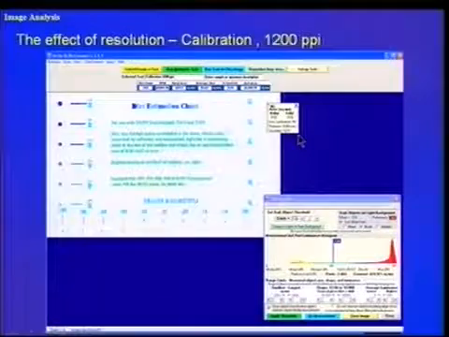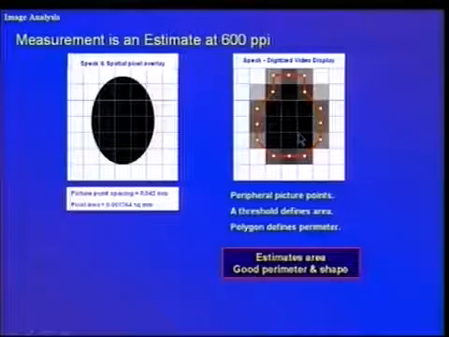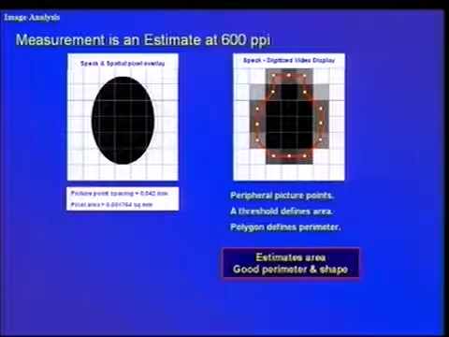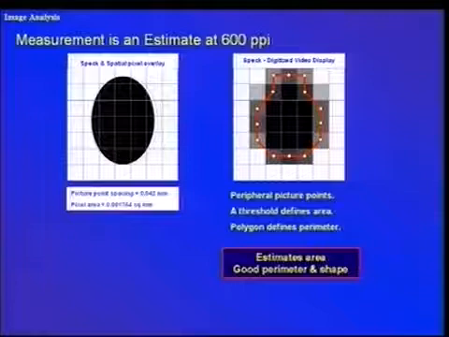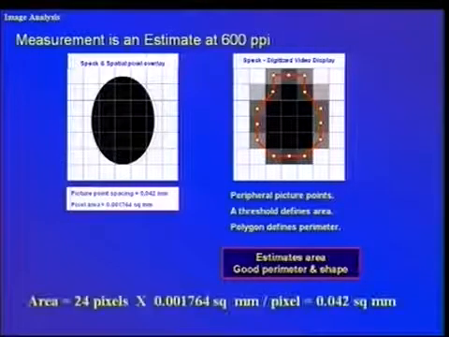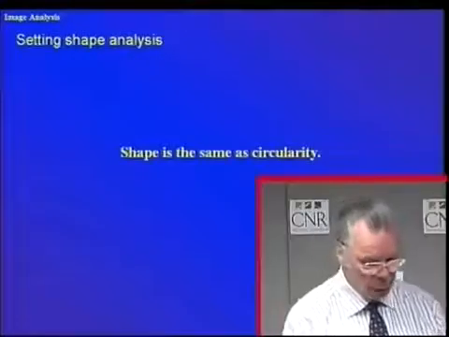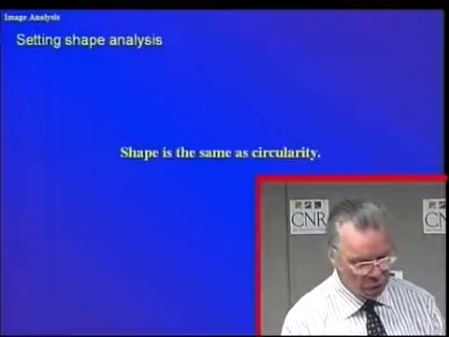So this shows the effect of calibration. Remember, the speck size is still an estimate in any system that has a resolution of 600 ppi. It is fairly accurate enough for what we're going to do in process control.